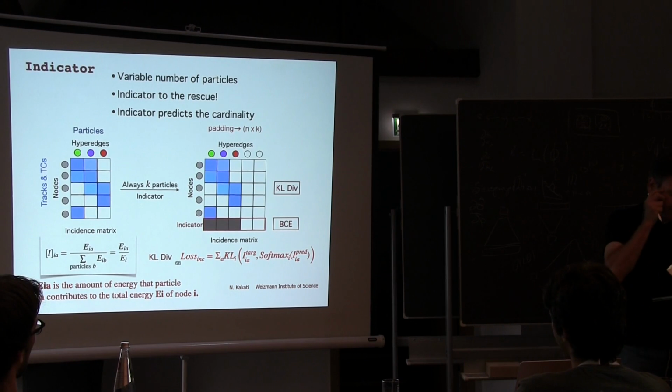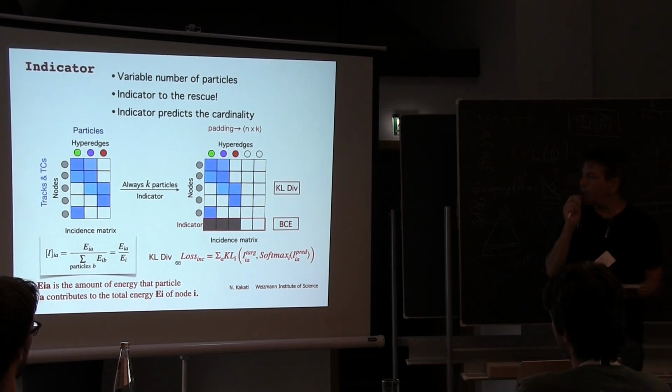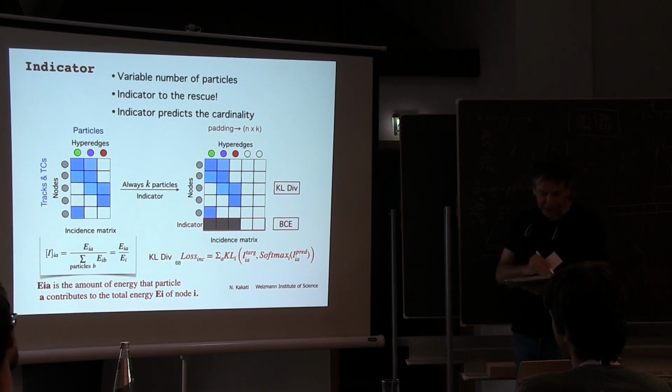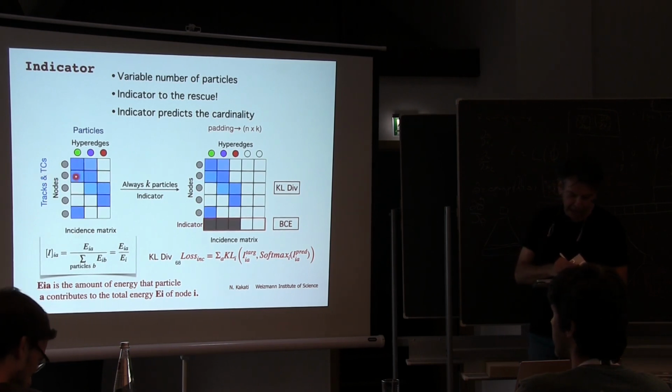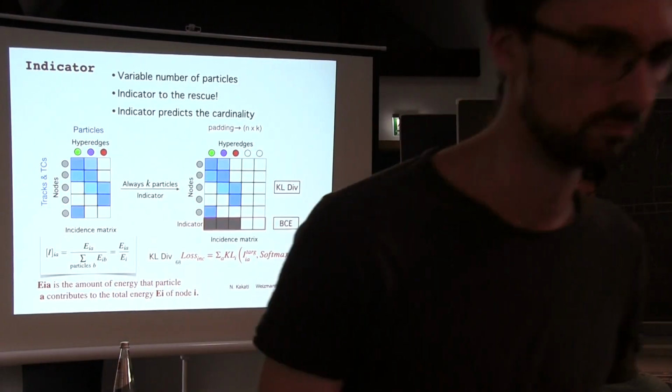Okay, what do I have in the incidence matrix? Let's call it E_IA, line I, column A: topocluster I, particle A or particle B, okay?